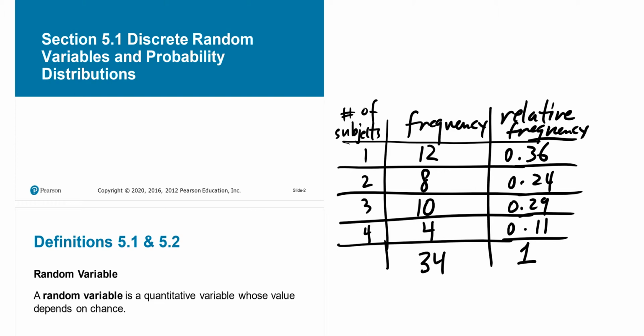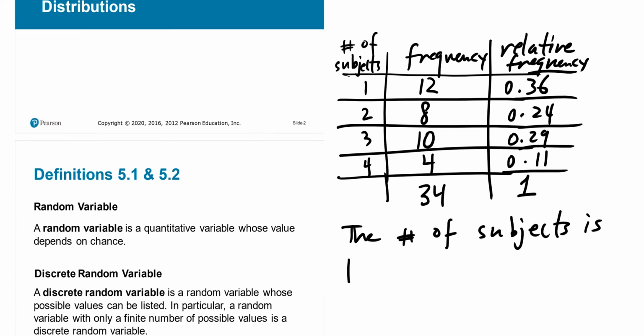So let's say we suppose that we pick one student from the class we surveyed at random. So then the number of subjects is going to be different for every different student we select. And in this case, the number of subjects, as I said, is different and varies from student to student.